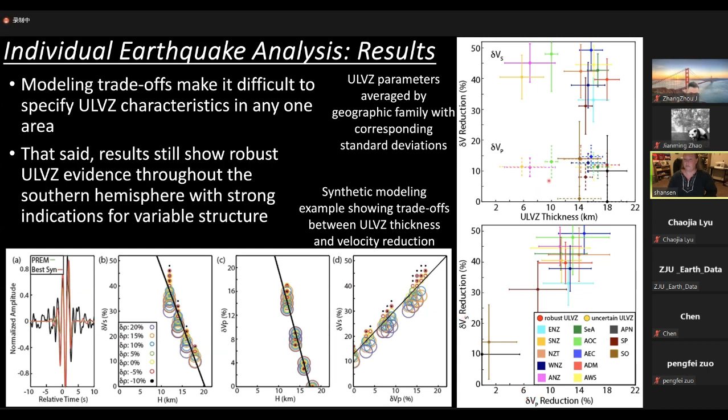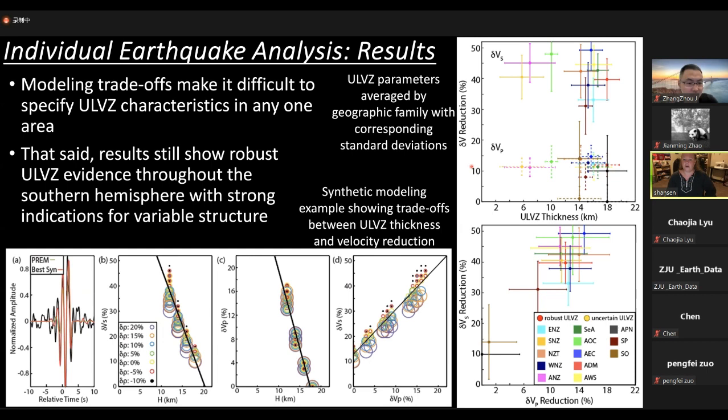The top image, the horizontal axis, is ULVZ thickness, and the vertical axis is velocity reduction. Those with solid error bars are for shear wave reduction, and those with dashed error bars are for P wave reduction. The corresponding error bars are one standard deviation to the average.